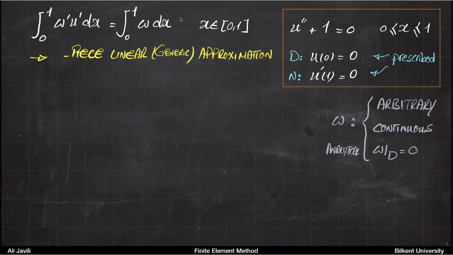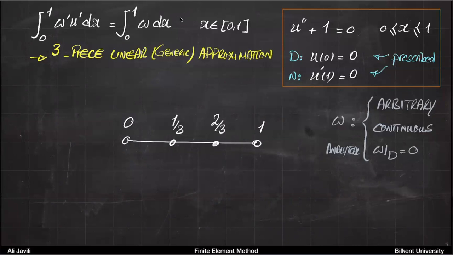So what we want to do next is three piece generic. So I just changed that 2 to 3, and then again I just explained this. Three piece linear, three piece uniform would be this. So you have 0, 1, 1/3, 2/3. What we want to do now is three piece generic.